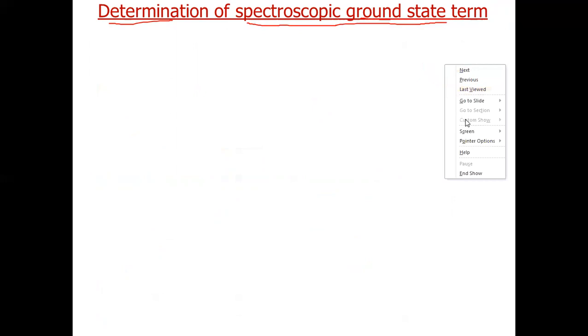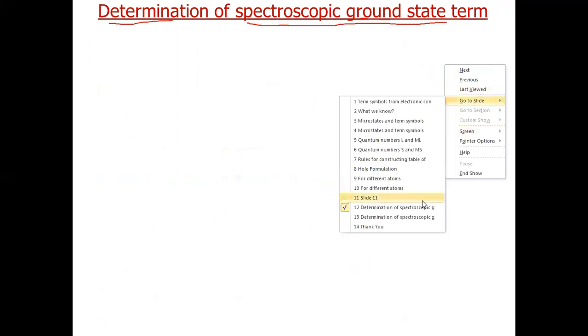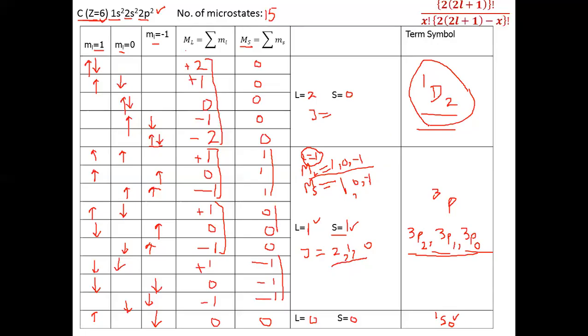Now, next topic is how to determine ground state term. First of all, we will understand what is meant by ground state term. Like you can see that there are different term symbols possible for P2 configuration.